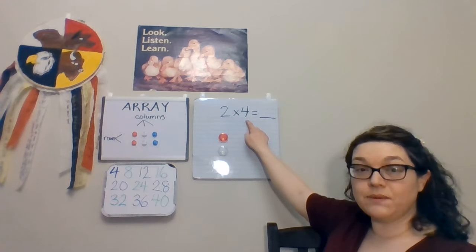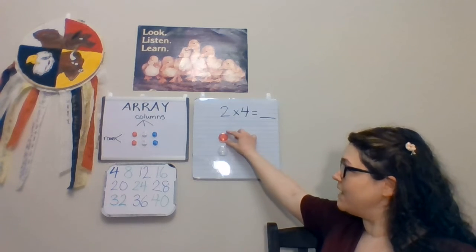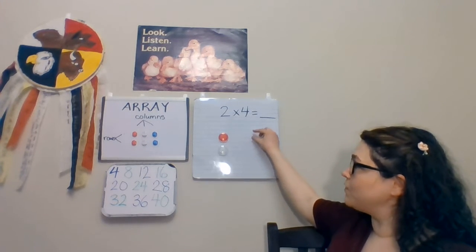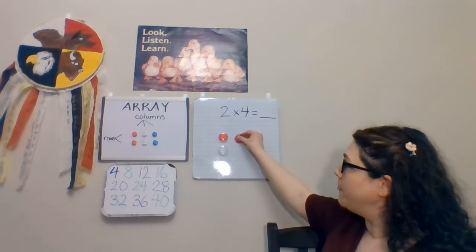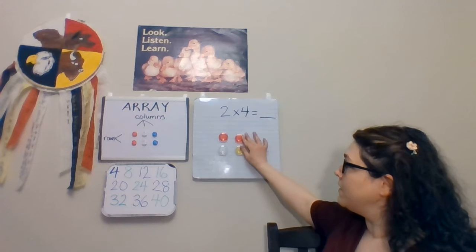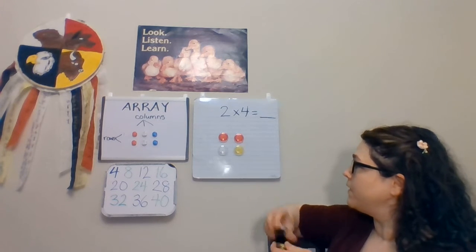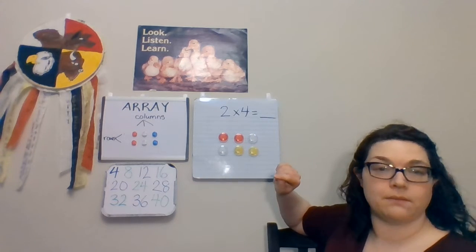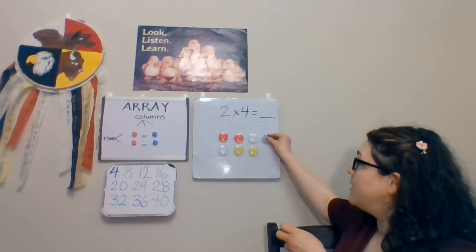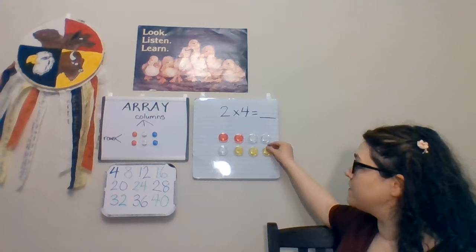Now, it says that we need 4 columns, which is the same as saying how many circles in the row. So I've got 1 column. I need to have 2 more. Now I have 3 columns. I'm going to add 2 more to make 4 columns.